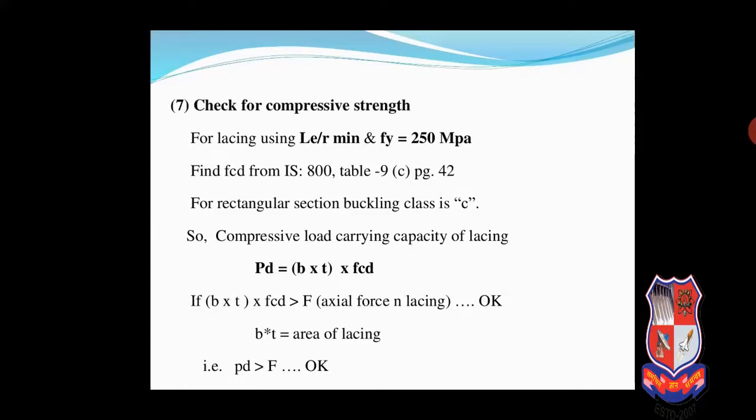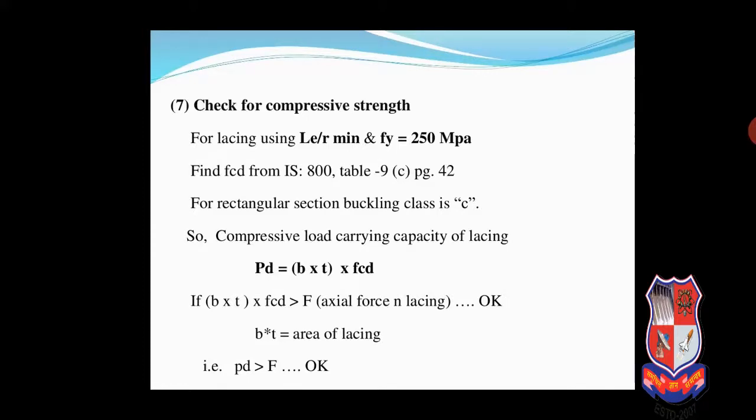Once we calculate L effective, r minimum we decide according to the steel table. According to LE upon r minimum, using table 9C, we can find FCD. For a rectangular section the buckling class is C, as I already discussed.